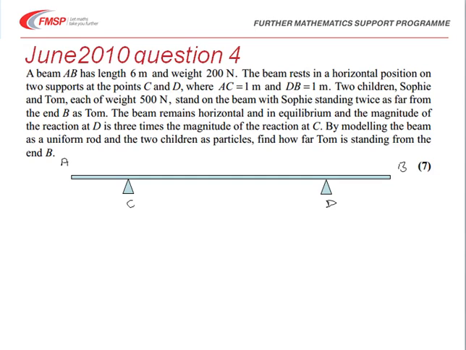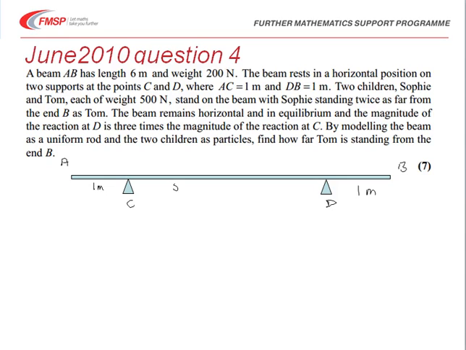Well, starting by putting this information onto a diagram, I've drawn in the beam. We're told that AC is 1 meter and also DB is 1 meter. We're also told that we have Sophie, who is somewhere on the beam here. Let's put her at this position.